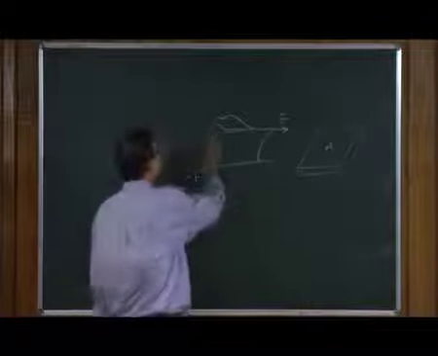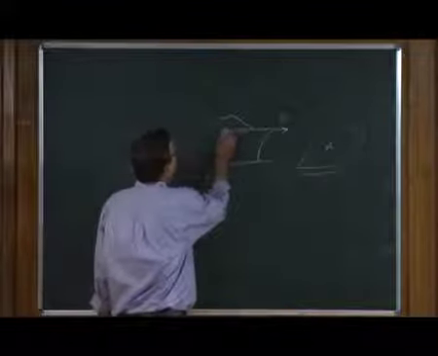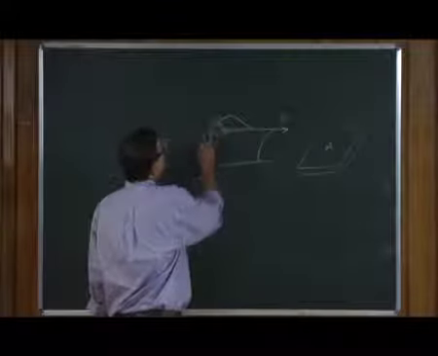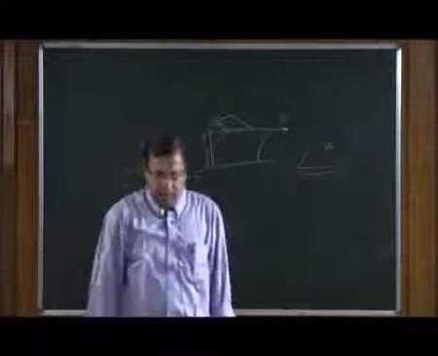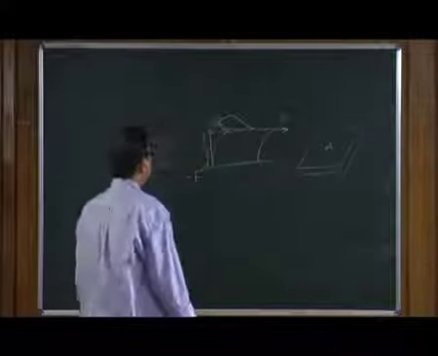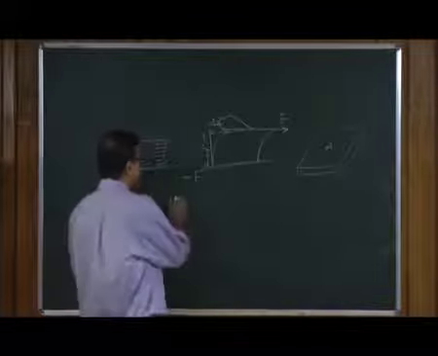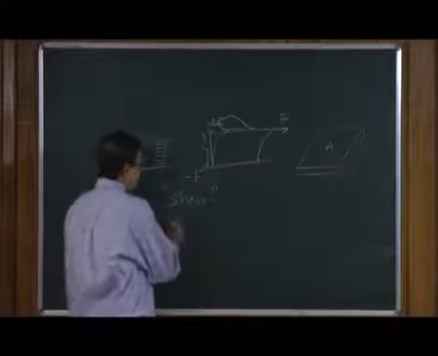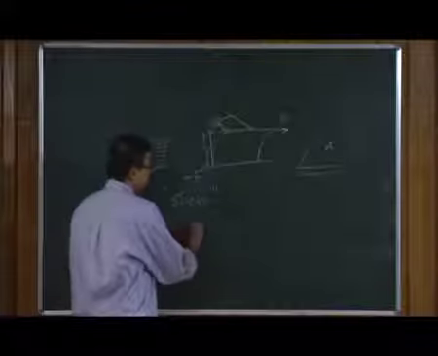This will cause an extension, let us call it delta x here, and this is the original length L0. This resulting deformation of the book from its initial configuration as shown here is called the shear, or this force per unit area is called the shearing stress.